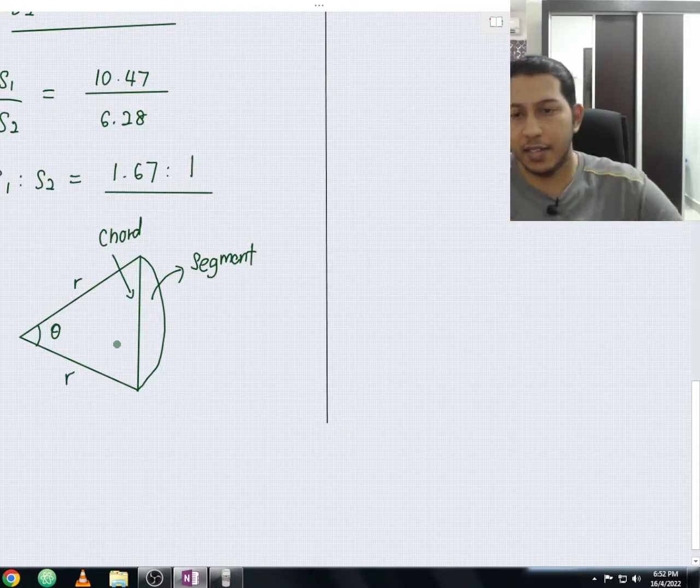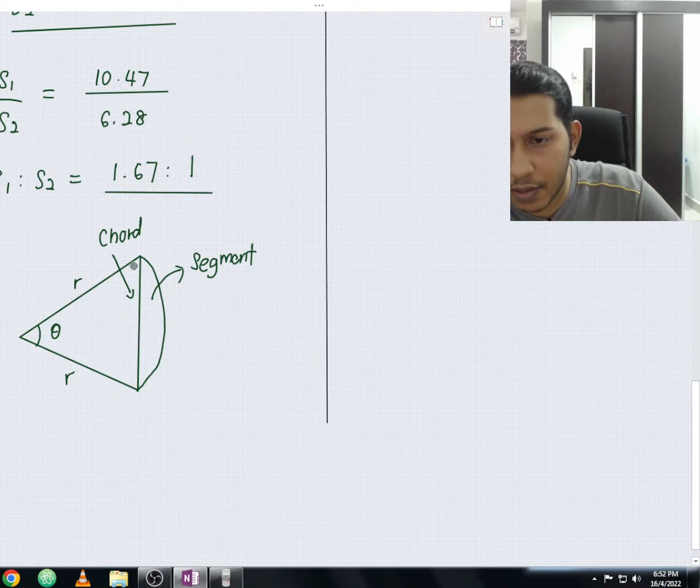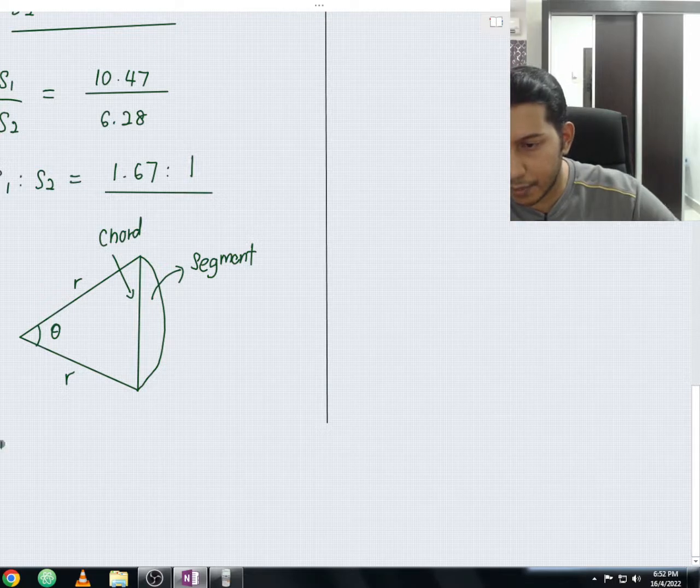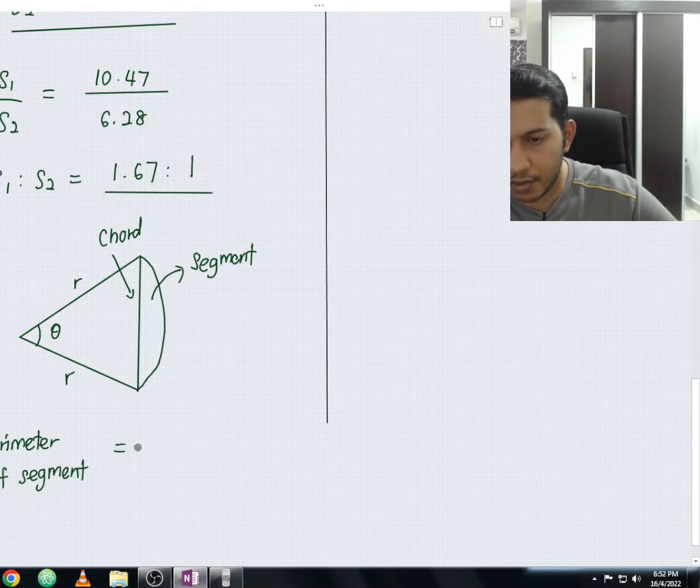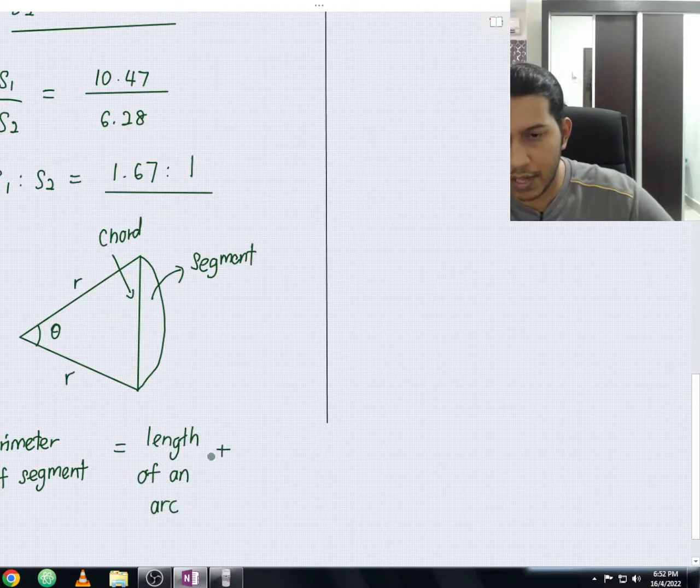The external length of a segment consists of a chord and the length of an arc. So perimeter of segment is equal to the length of an arc, and then you add the length of the chord.